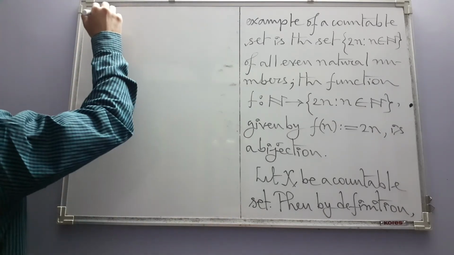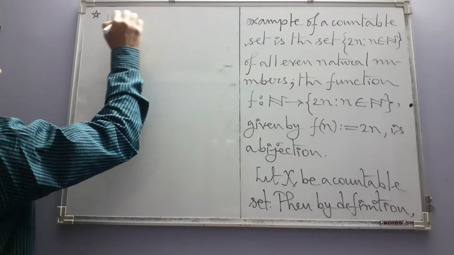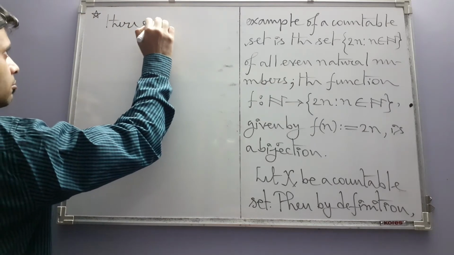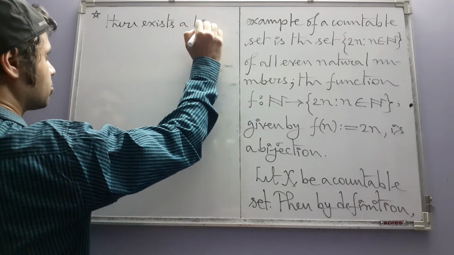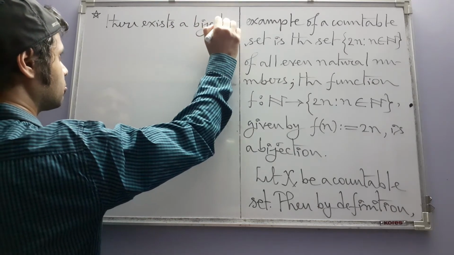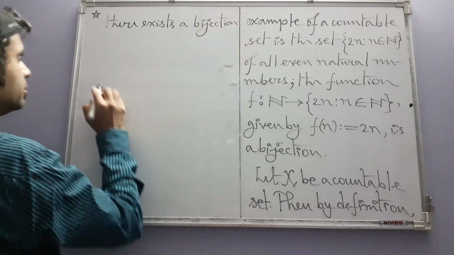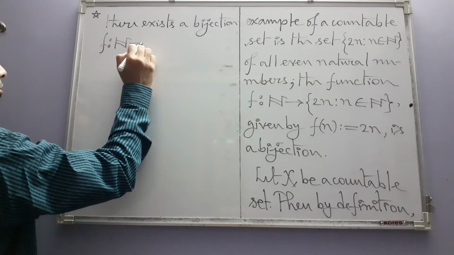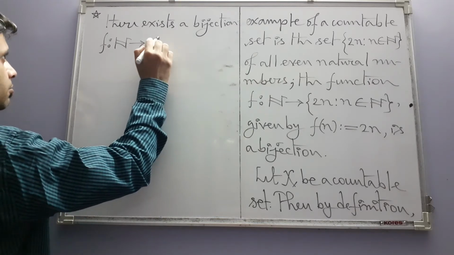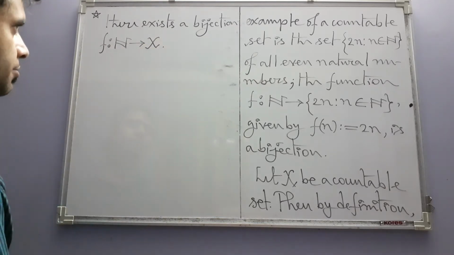Then by definition, there exists a bijection f from N to X.